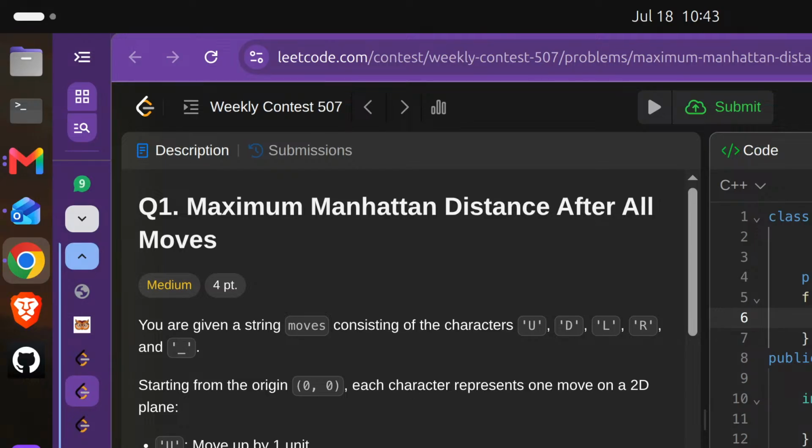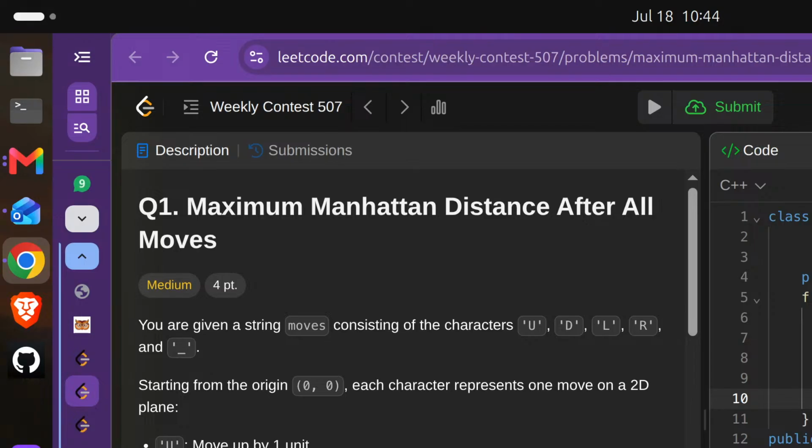So if i is equal to moves.size, what will we do? We return 0, right? There is no distance in this case. Else, we take char c, which is moves[i].